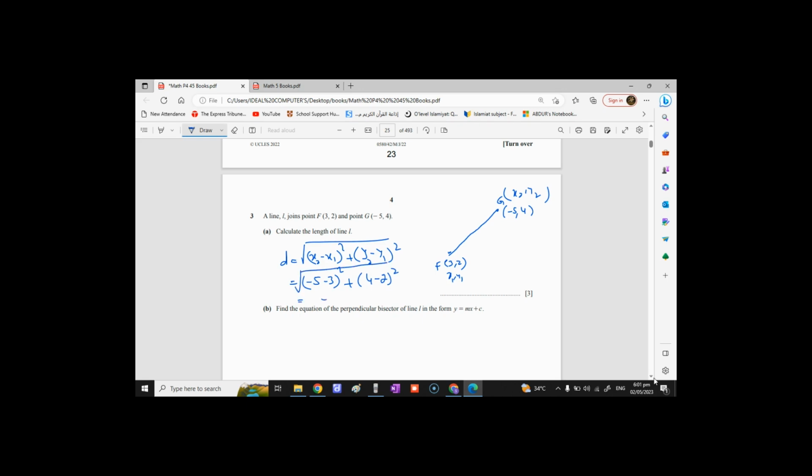So this will become negative 8 square plus 2 square, which will give me 64 plus 4. It's square root of 68. Okay, so no need to simplify it because square root of 68 is an irrational number. So keep it like this.